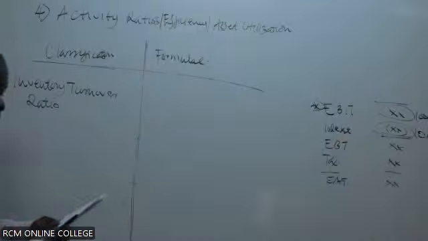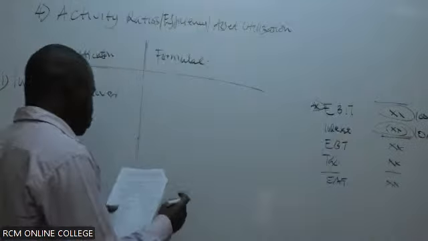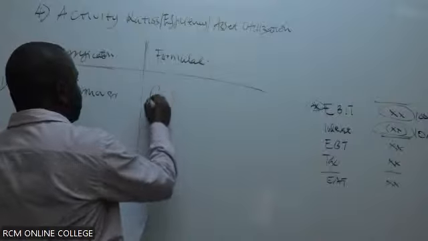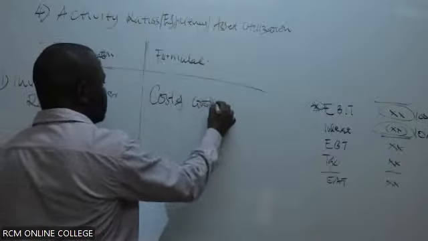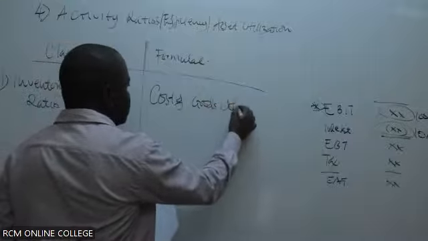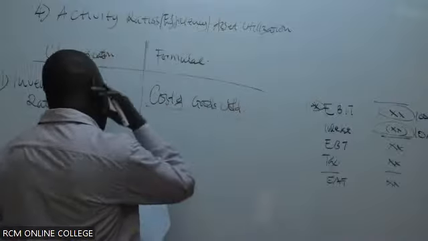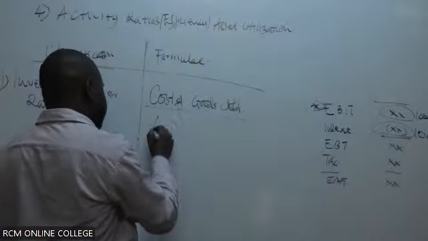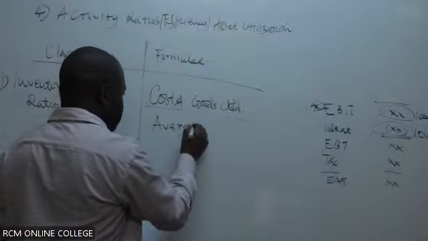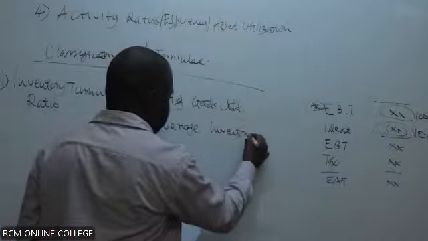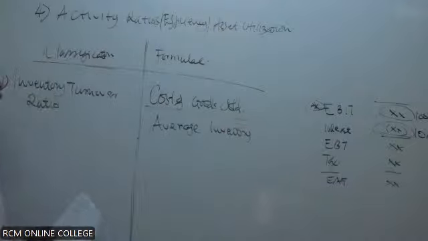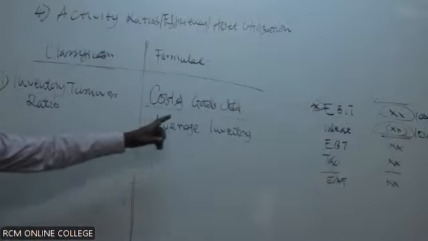And of course, the formula will be the cost of goods sold divided by the average inventory. The cost of goods sold, you know how you get it.